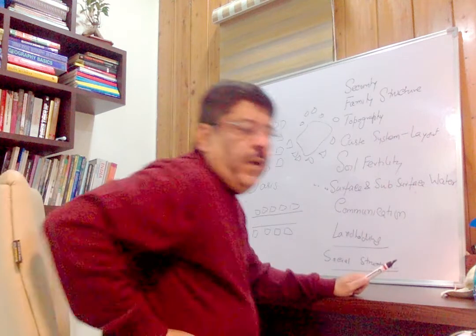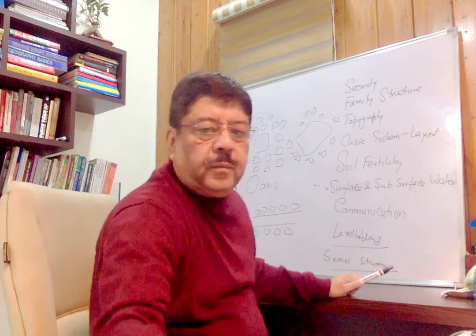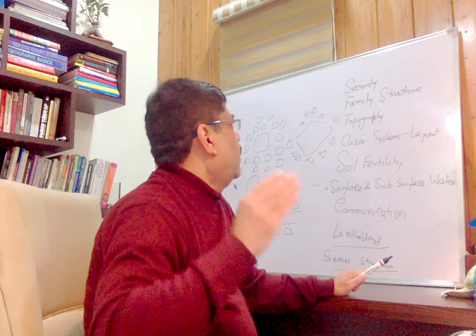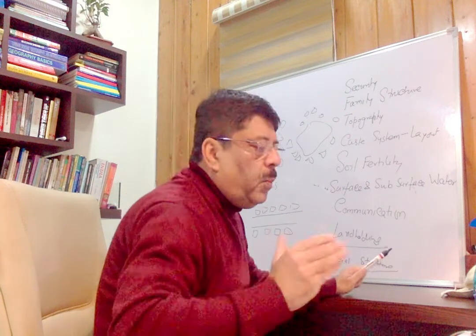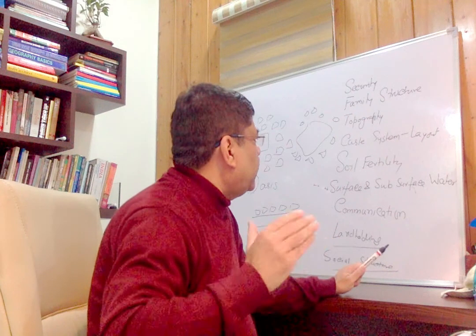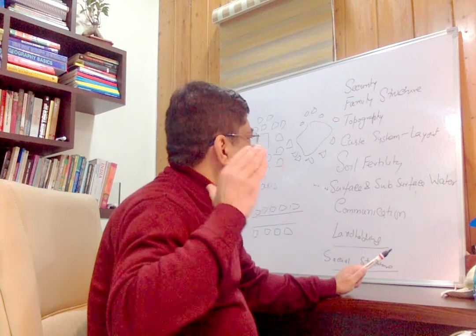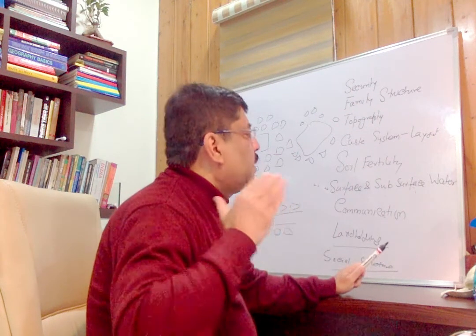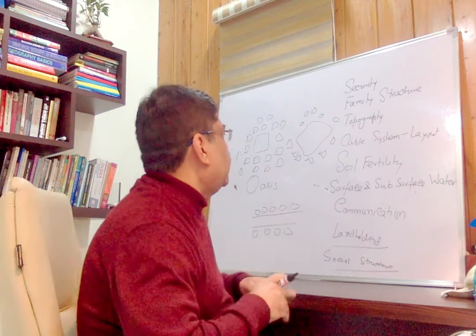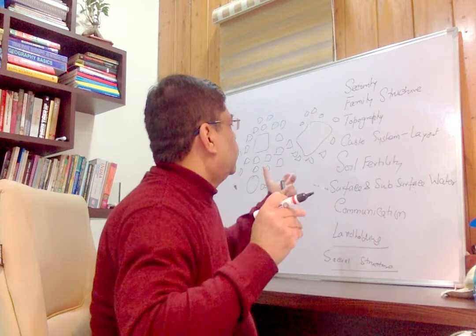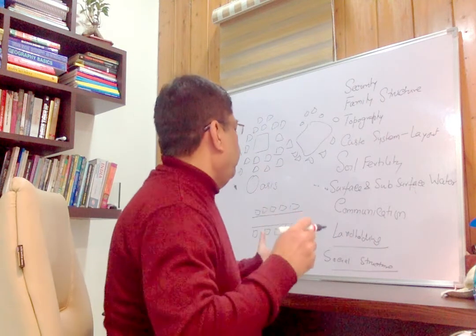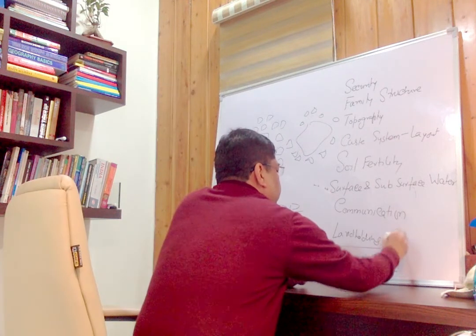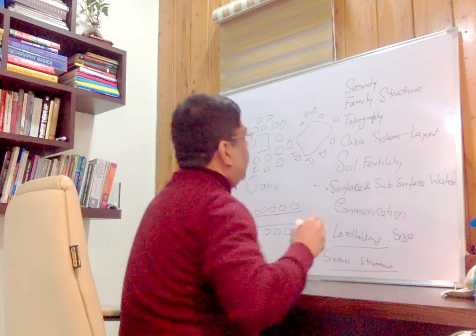What are the main important factors we have discussed? Security, family structure, nature of topography, caste system which affects the layout, soil fertility, surface and subsurface water availability, size of land holding, which is a very important factor, and social structure.